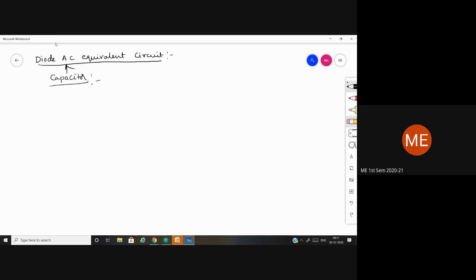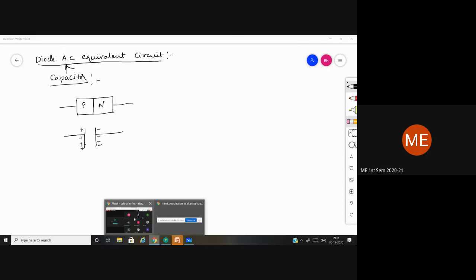To analyze this, we are going to compare our PN junction to a capacitor. This is the capacitor. Usually in a capacitor, one will be a positive plate and the other one a negative plate.